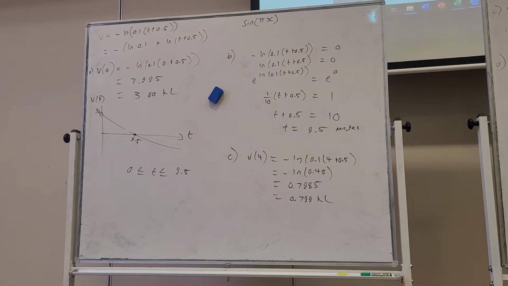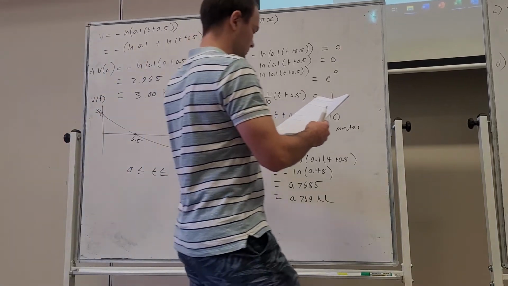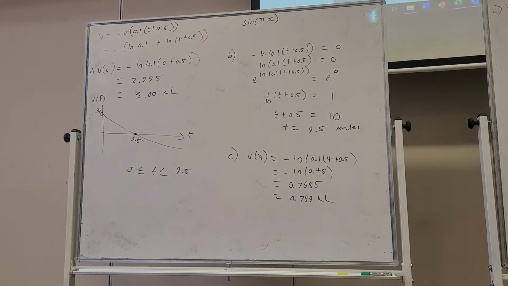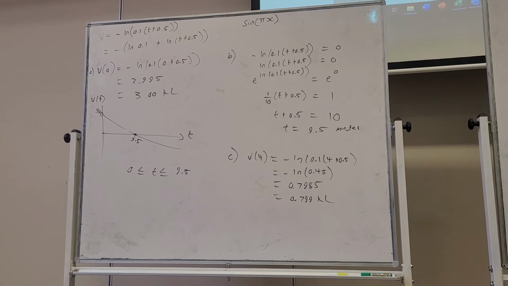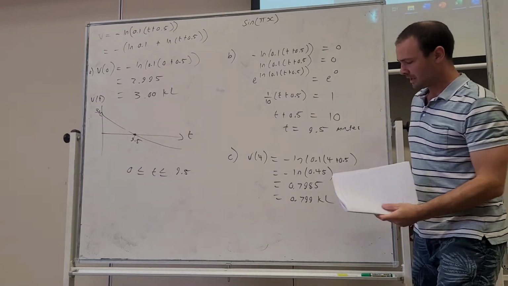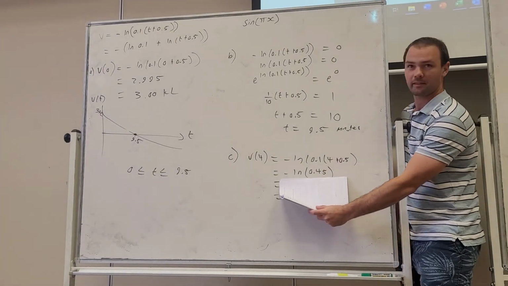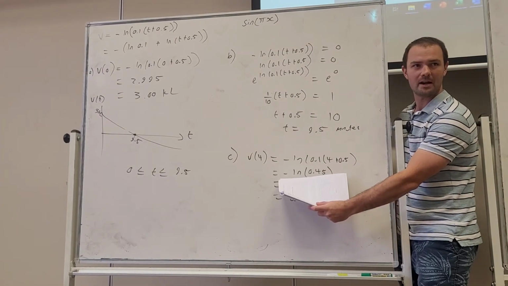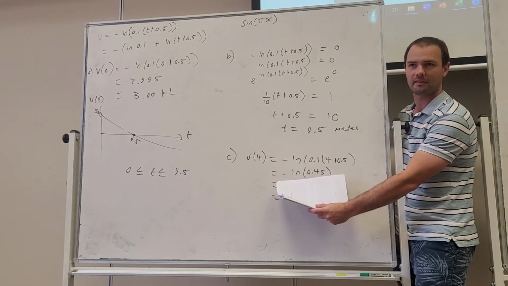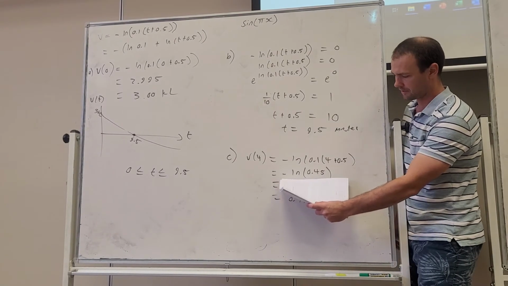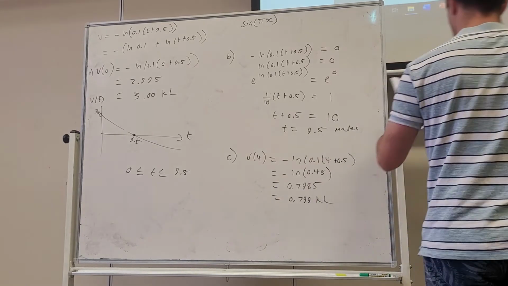Have to get units. Okay, again, when we're answering a problem like this, it doesn't make sense to leave your answer like that, does it? You know, how much volume is there? Oh, there's minus ln 0.45 kilolitres. Like, well, what is that? So you are going to need to evaluate that to 3 significant figures.